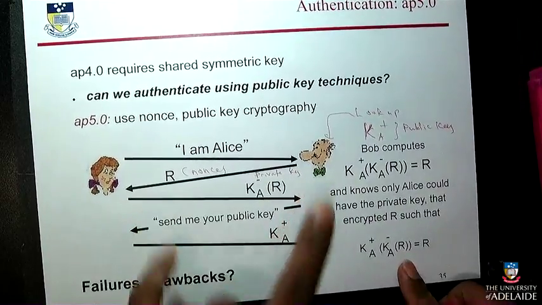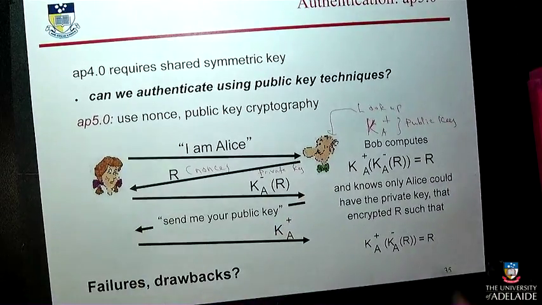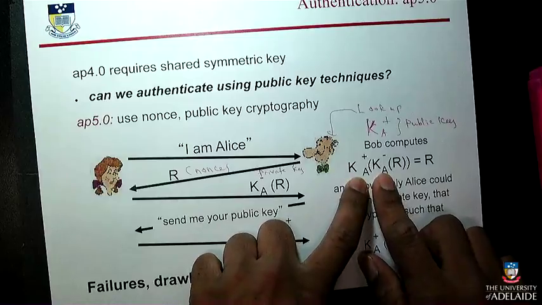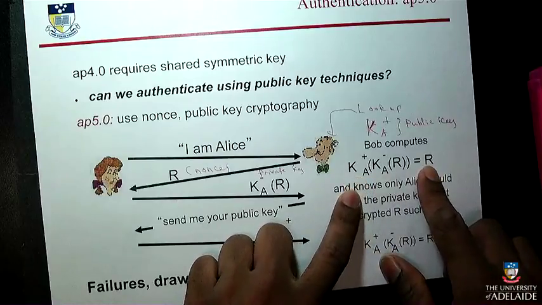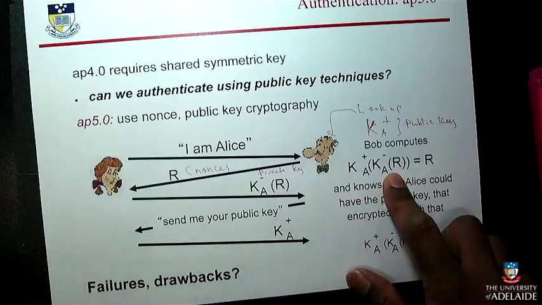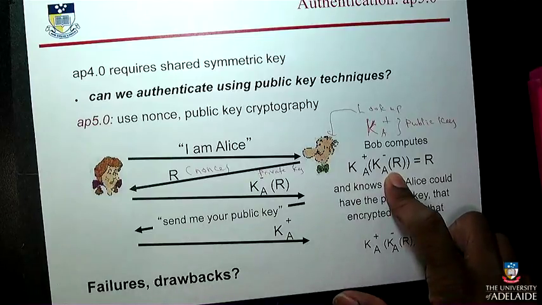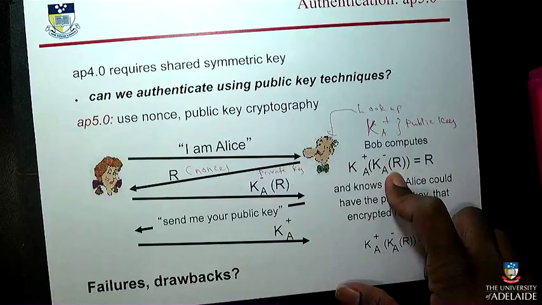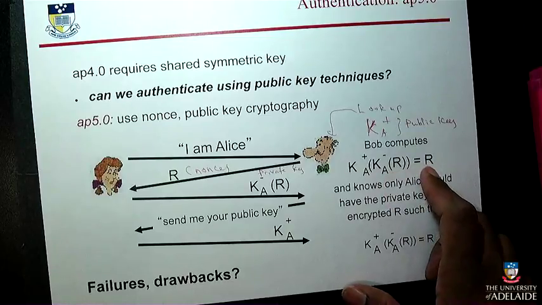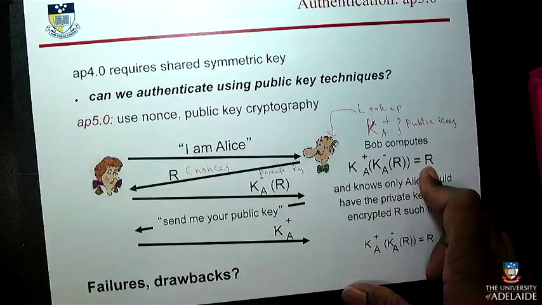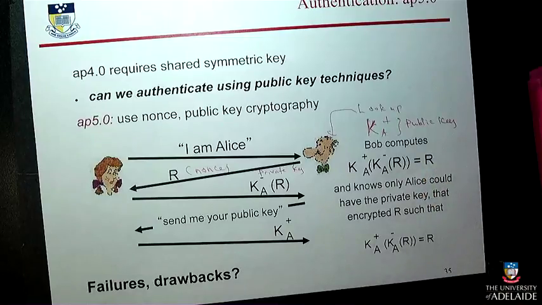So Bob looks up the public key and then decrypts it and says, oh, I got my R. And then he goes, well, only Alice knows Alice's private key, right? So only Alice could have encrypted this message, not Trudy, right? You agree? Because I used Alice's public key and then I got back my R. So only Alice could have encrypted this because only Alice knows Alice's private key, yeah?